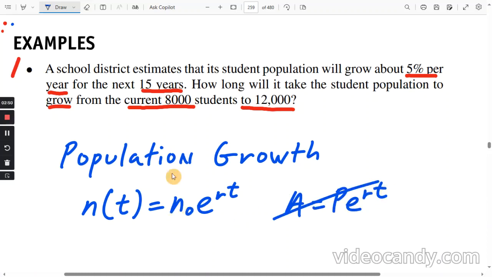N sub 0 is your starting population. It says the current population is 8,000. So your N sub 0 is 8,000. And N of t is how far the growth is at the end of the time period. So this here, N of t, is going to be 12,000.